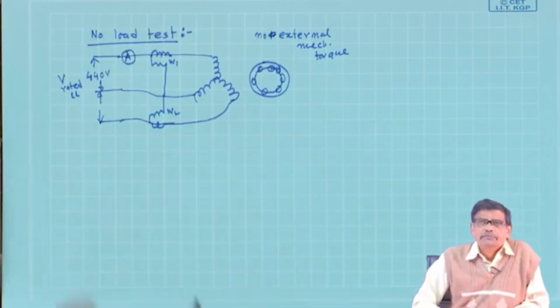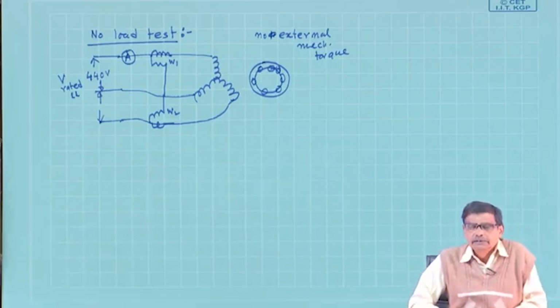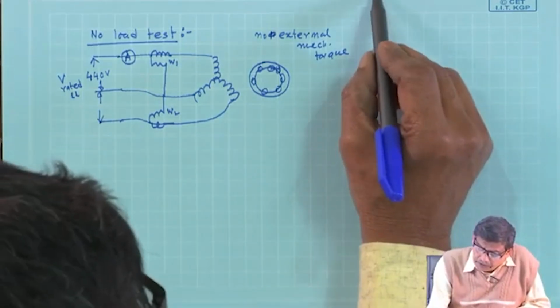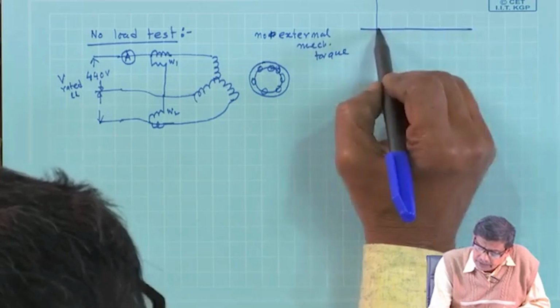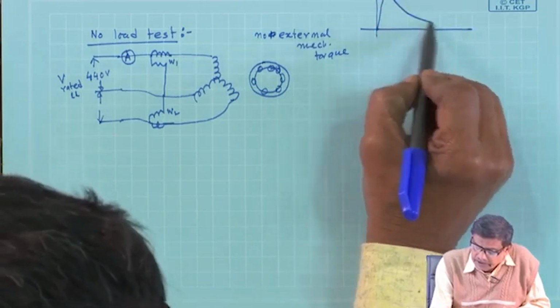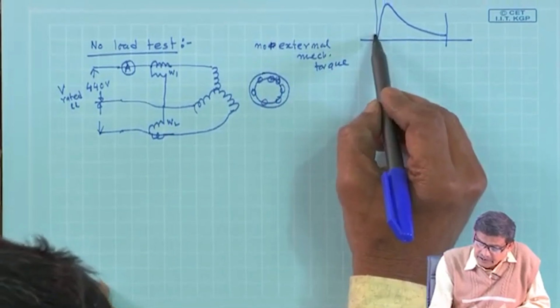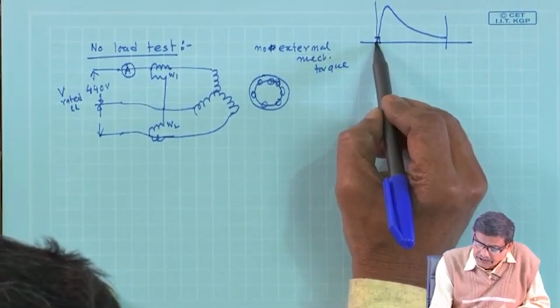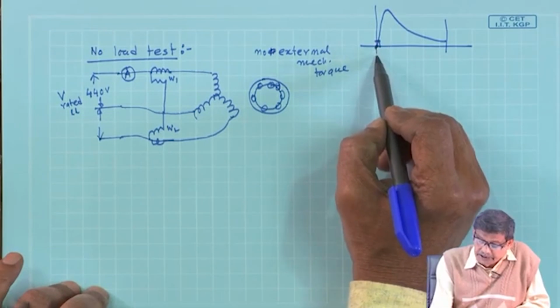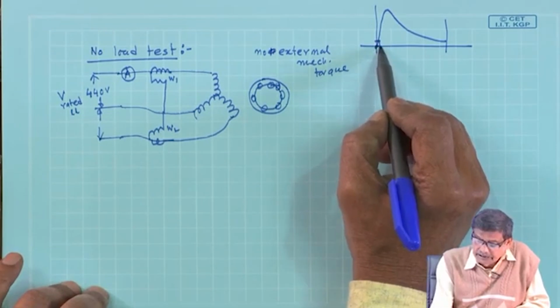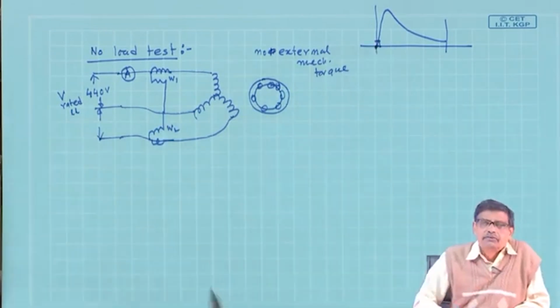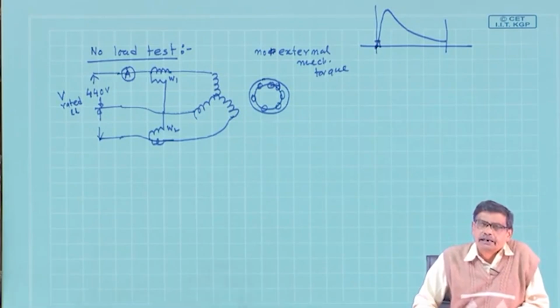What will be the value of the slip under this condition? It will be very small, as I have told you earlier, always draw this curve corresponding to rated voltage. Then at no load it may be running, if this is a 1500 rpm 4 pole machine, it will be running at 1480 rpm or 1490 rpm, very close to that.